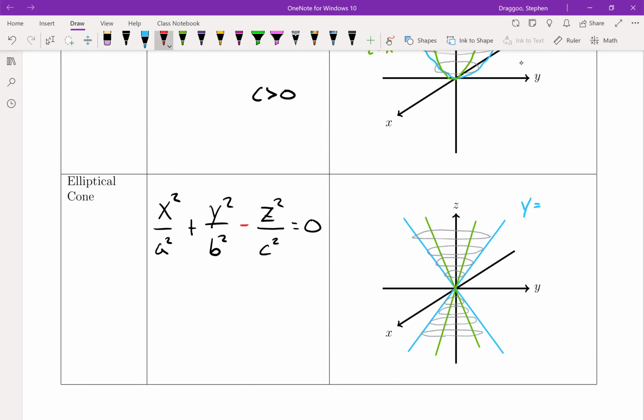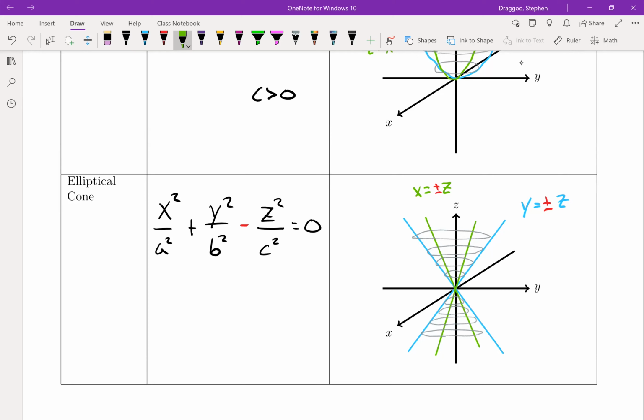Let's throw that in red, plus or minus z. And in the xz plane, which is the green one, I end up with x equals plus or minus z. And again, I'm simplifying the equation quite a bit so that I'm ignoring all of the coefficients, basically pretending that they're all 1 to make it slightly easier to sketch.